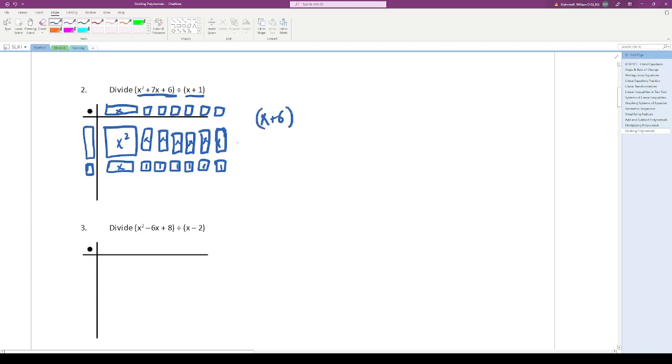If we want to check that answer, we can go back to what we learned last and try the reverse. Let's look at x plus 6 and x plus 1 and multiply those together. With double distribution, that would be x times x plus 6, plus 1 times x plus 6. So we'd get x squared plus 6x plus x plus 6.